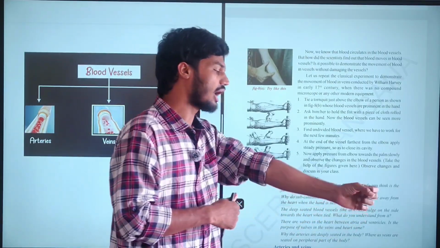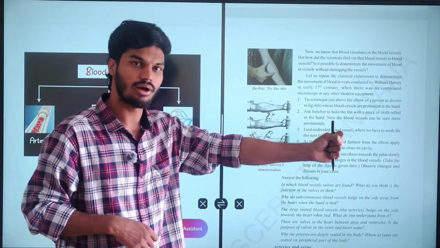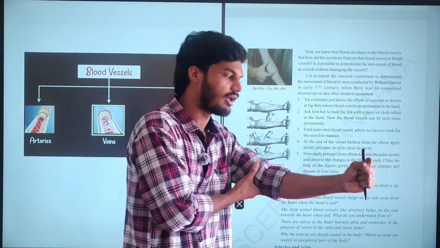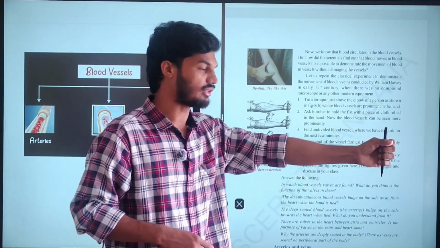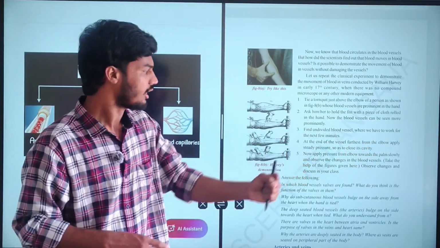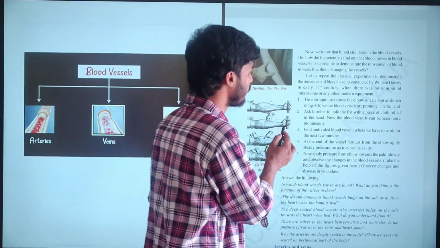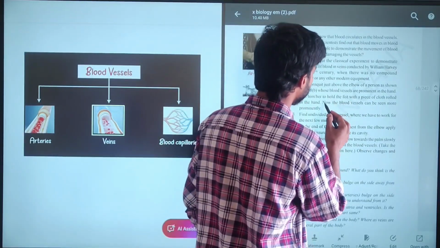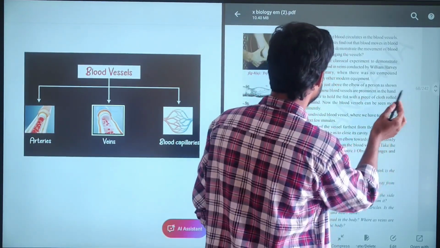After tying tightly above your elbow, try to hold a stick or rod and bring your fist into a highly contracted position. Then you are able to see the blood capillaries. What is given? First, tie the tourniquet just above the elbow of the person as shown in the figure.